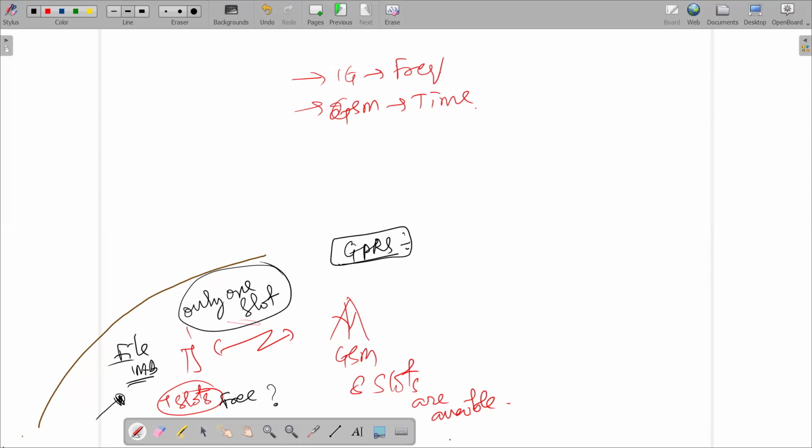Okay, people thought if this is the case, then definitely we are not able to use the total available bandwidth. Then they came up with CDMA. Here channel allocation happens based on a different dimension, not frequency, not time, a different domain, which is called code division multiple access.